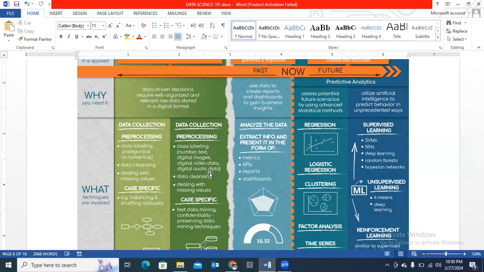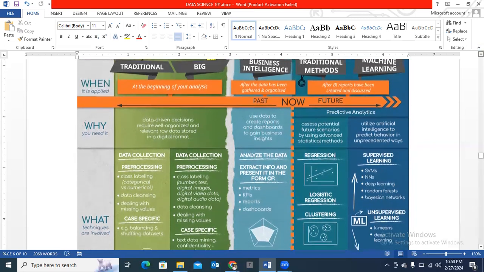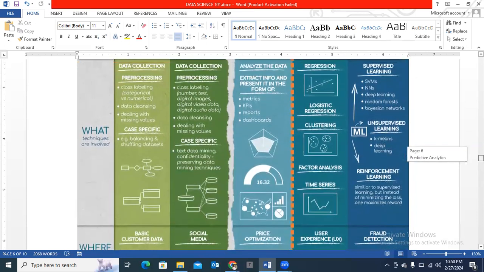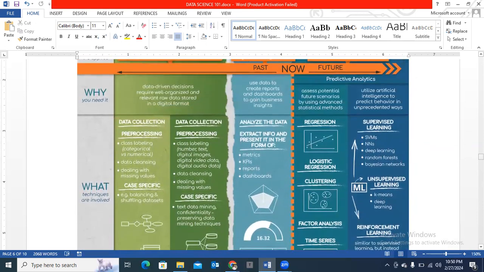Now, in business intelligence analysis, you extract information and present it in forms like KPIs, metrics, reports, and dashboards. That's what you do in business intelligence analysis. While in traditional methods of data analysis, you do a regression analysis.